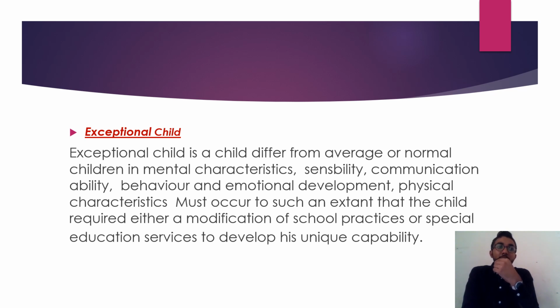This covers sensory abilities, mental abilities and intellectual abilities, communication skills, physical skills, and the fifth point, emotional and behavioral development. In these five areas, a child can be called exceptional if he has some kind of extra abilities, or some kind of lack of abilities.